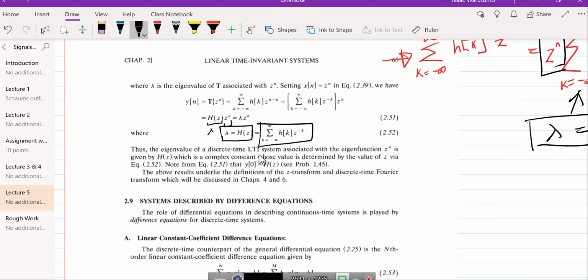We also note from equation 251 that if you set n equal to 0, this term gives you a 1, and therefore y of 0 will be equal to H of z, which is defined by our eigenvalue. That's a very significant representation, because it gives you the initial value or the initial condition.